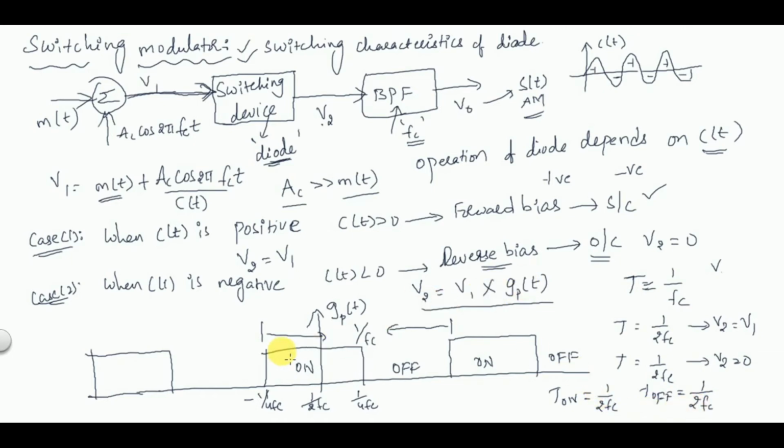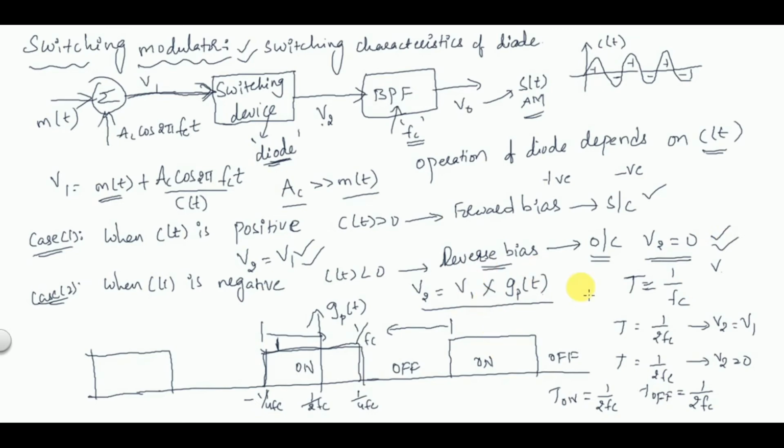So the amplitude of Gp of t is equal to 1. During on, that is when C of t is positive, the diode will be on, so it is multiplied by 1. So V2 is equal to V1 into 1, so V2 is equal to V1. When it is in the off condition, it is 0, so V2 is equal to V1 into 0, which is V2 equal to 0.